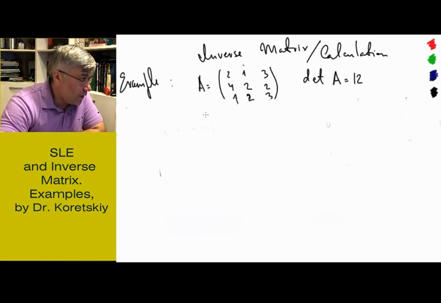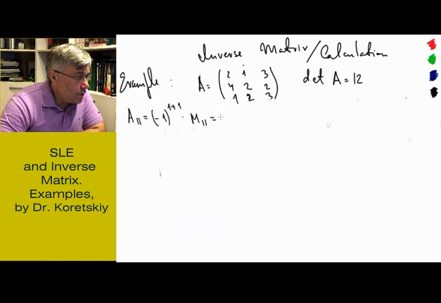Let's calculate firstly A11, and it is minus 1 raised to power 1 plus 1 times M11, and it is minus 1 raised to power 2, it is plus, so M11. We have to reduce this matrix.